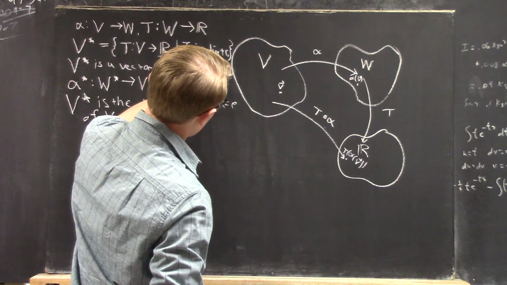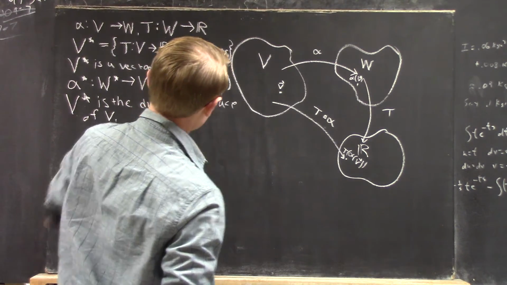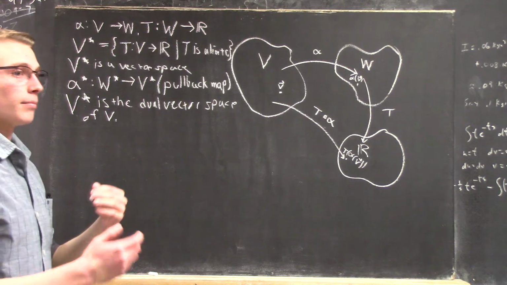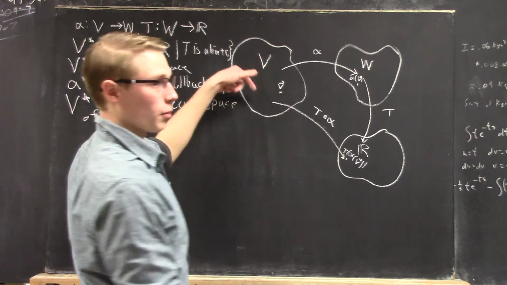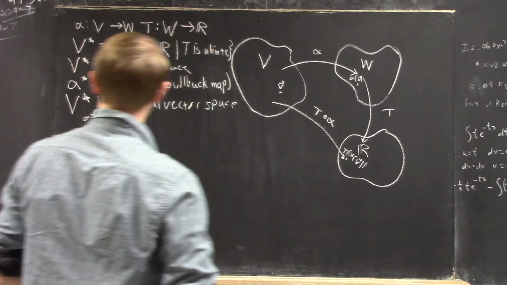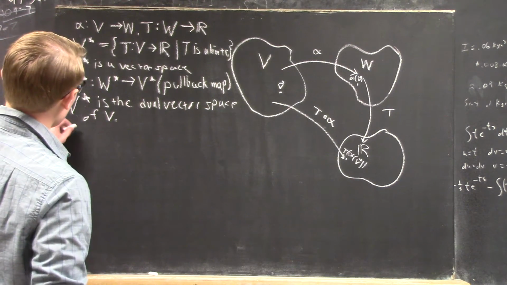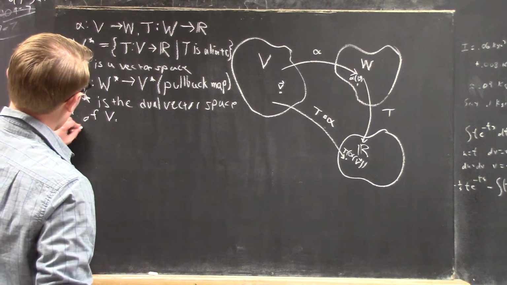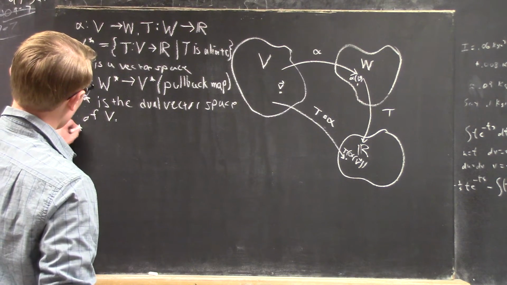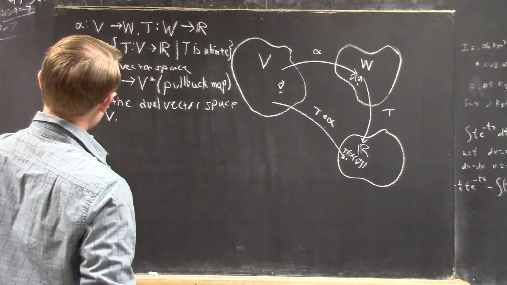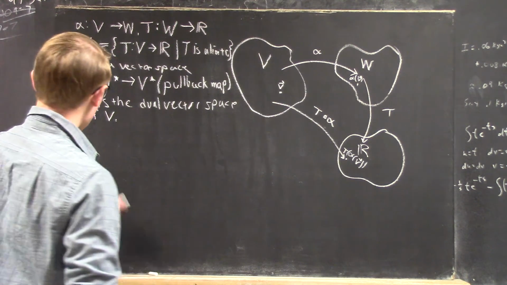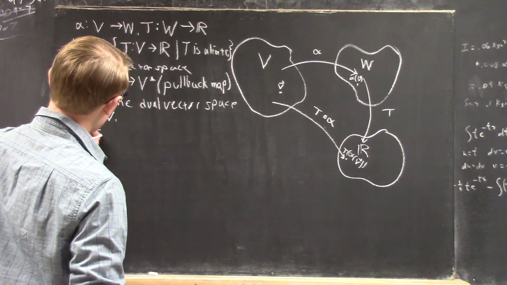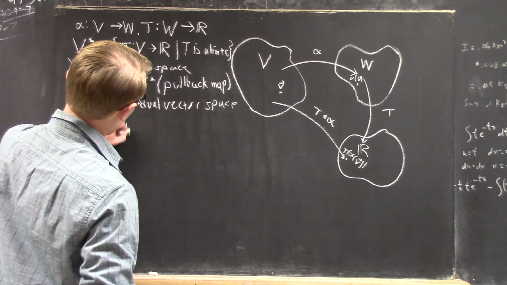And the way we like to think about it being called a pullback is as if you're taking a step back and going in a different direction. Alpha star, for instance, we can also call the pullback function. And it's also a linear transformation.